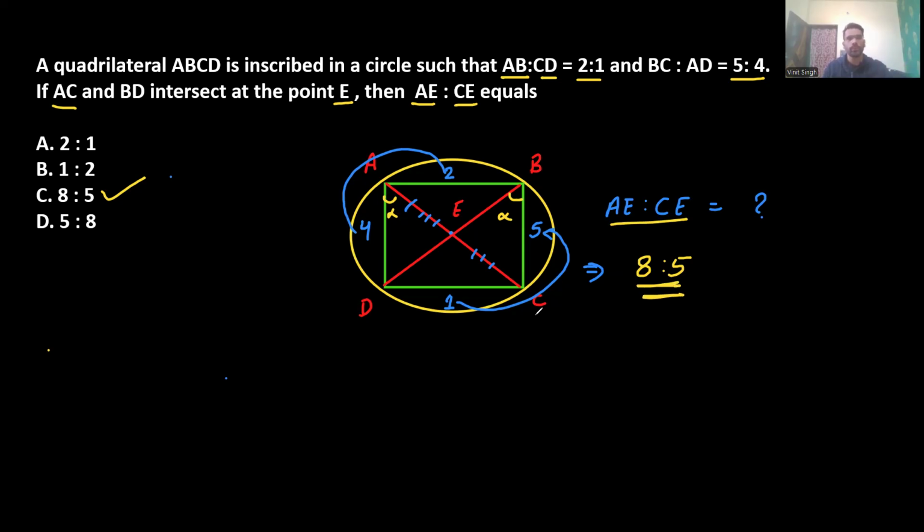Otherwise, you have to remember this property: when you have to find the ratio of AE and EC, the point where two diagonals cut, then we directly multiply these two numbers. If we have to find DE upon EB, the ratio of DE and EB, then we will multiply 4 into 1 and 2 into 5. I hope you understand this property. By applying this property, you can easily solve your question. Now next one.